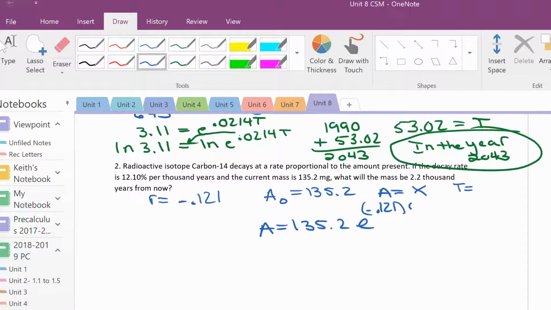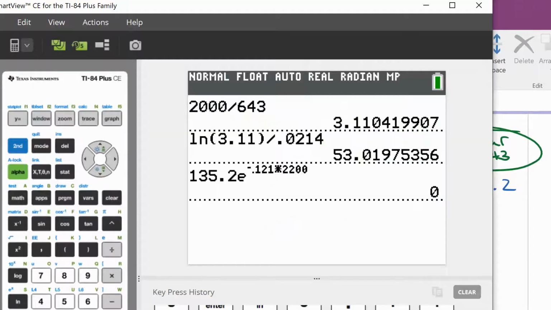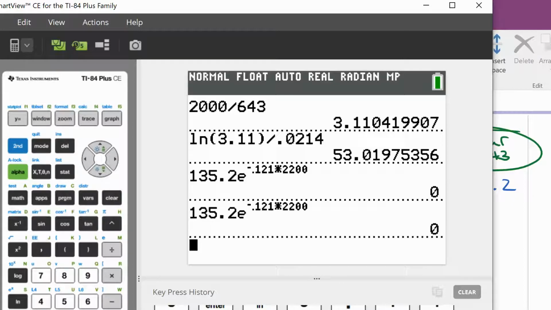Sorry, the time should be 2.2 because it's per 1,000 years, so the time is just 2.2. So we'll change that in our calculator. If you want to change something like that, you just hit enter, and then you can scroll up, but we'll just retype it.